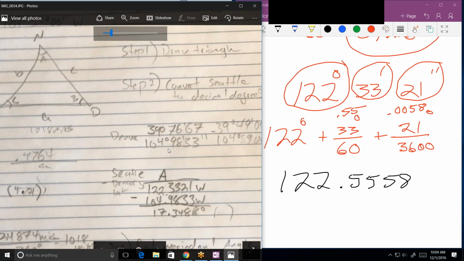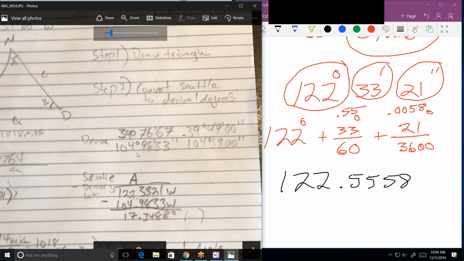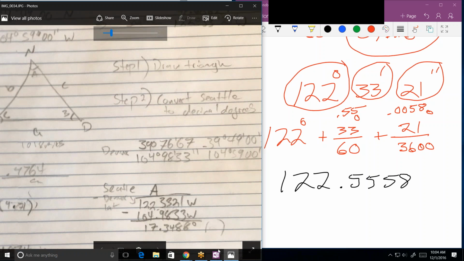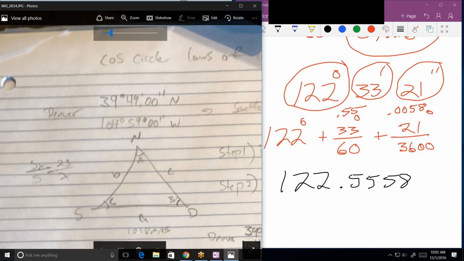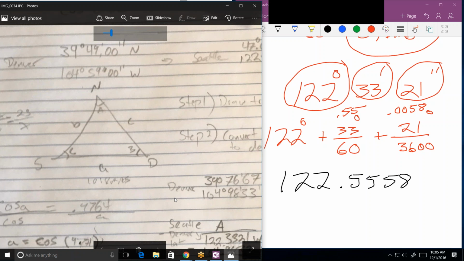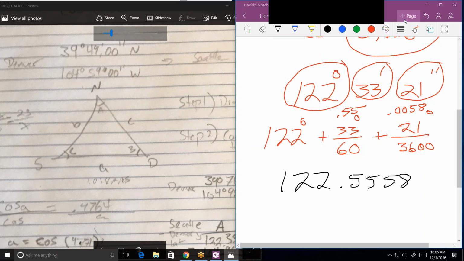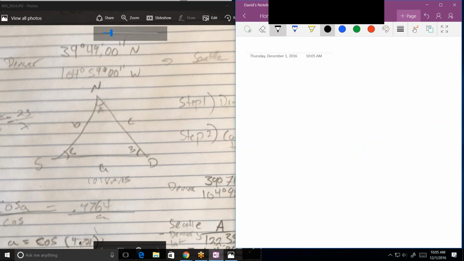Right, because Denver's latitude was 104. See, this designation isn't right. Here's Denver's latitude, 104 degrees, 59 minutes, 0 seconds. Let's go through that. 104 degrees, 59 minutes, and 0 seconds.